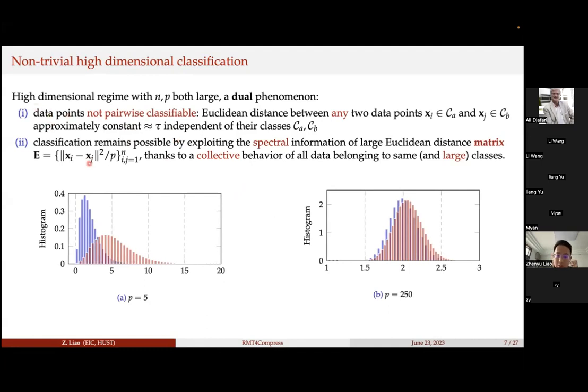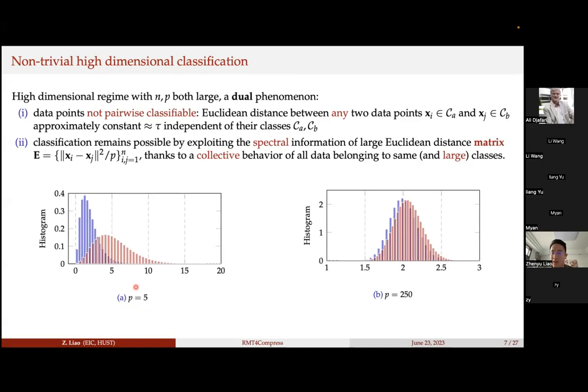Again, here is the distance. Our left-hand side is the small dimensional region with p equal to 5, and here is a histogram of the distance between data from the same or different classes.